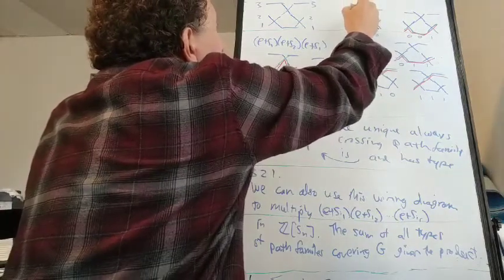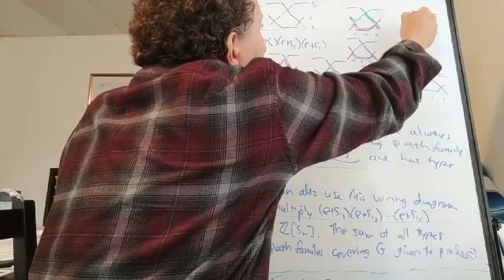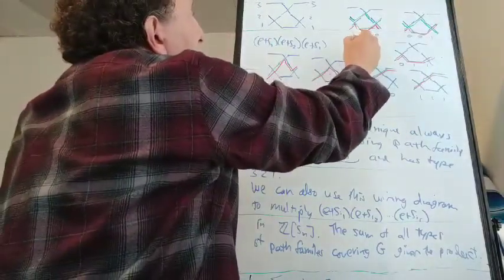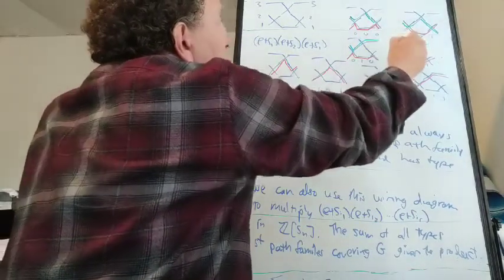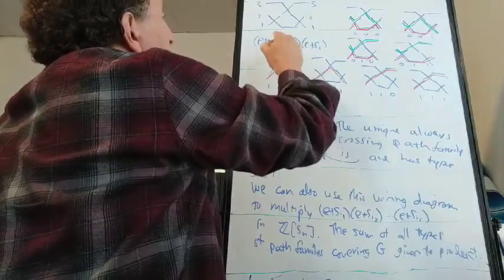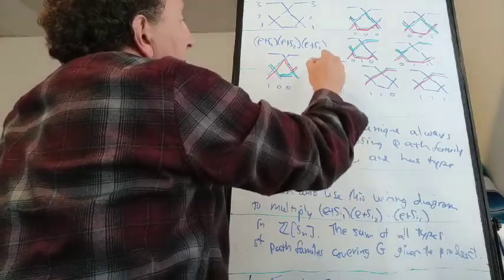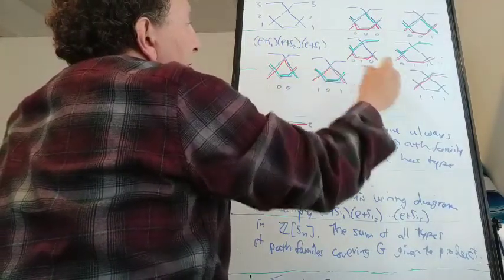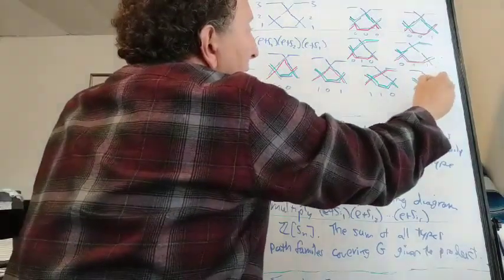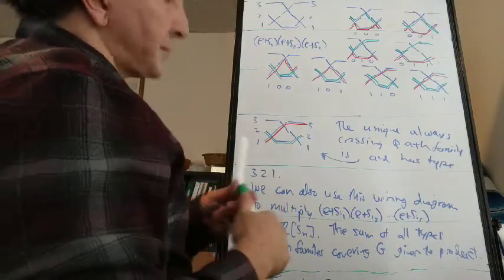Then the rest: no cross, no cross, cross; no cross, cross, no cross; no cross, cross, cross; and so on through cross, cross, cross. Then the second path, and I'll leave the other path in blue.